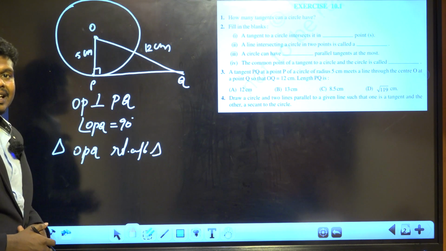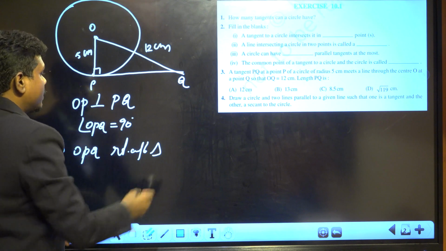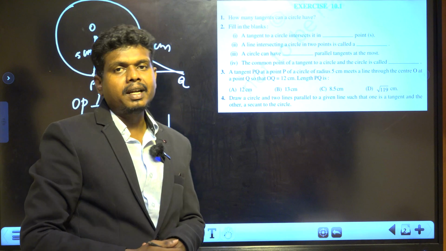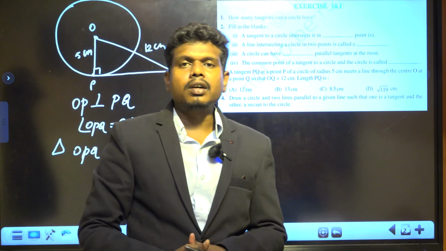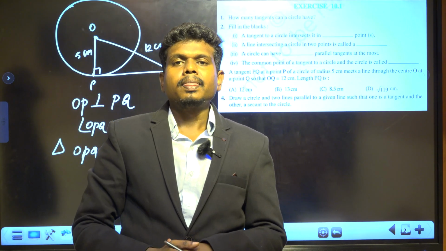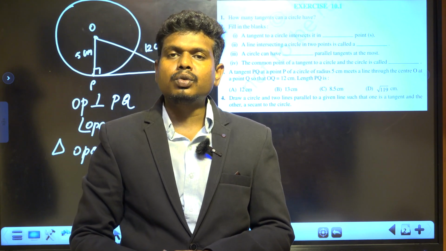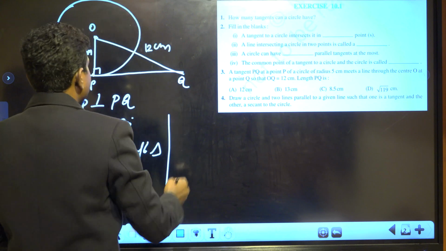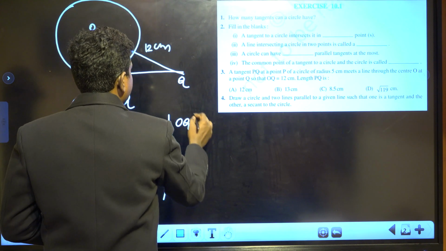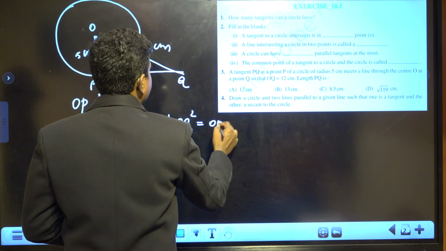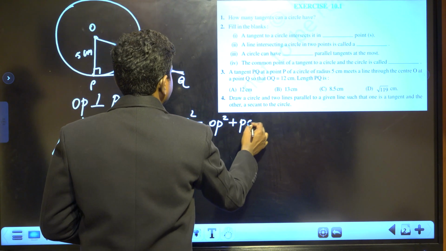Pythagoras theorem can be applied in right angle triangles. It says that the square of the longer side will be equal to the sum of the squares of the two smaller sides. Here the longer side is OQ.